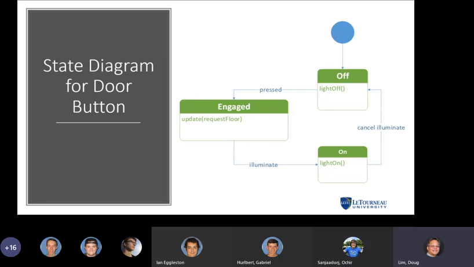Yeah, I see. So yeah, you could put a negative number depending on whether you're requesting up or down, but it might be better, instead of having a negative number, to put a request floor and then have another attribute that's up or down that's associated with this button. The actual elevator buttons inside the elevator wouldn't have that, but you would have an update method that would have the direction that you're requesting as well.